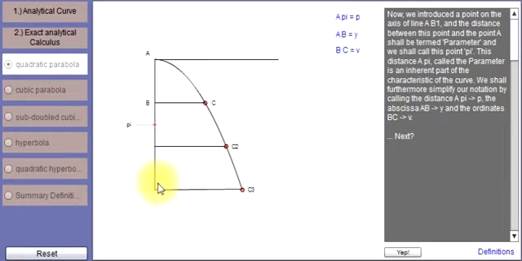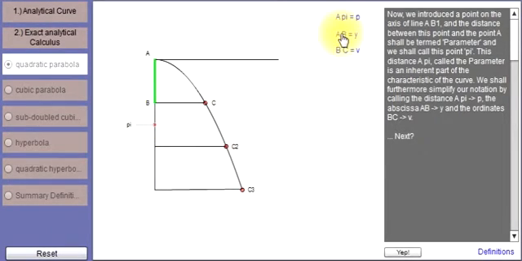So this is the conjugate axis, and this is the axis, just as we determined in previous propositions. And P is the distance between the origin point A and a point pi, which you place on the axis.